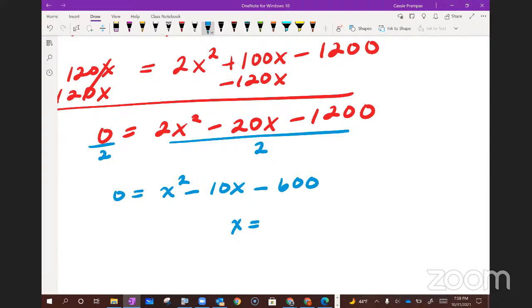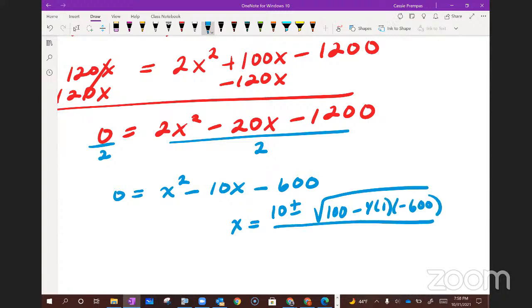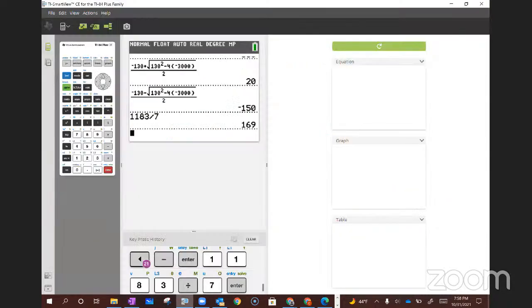x equals the opposite of b, plus or minus square root b squared minus 4 times a times c, all over 2 times a. Okay, plug this guy in.